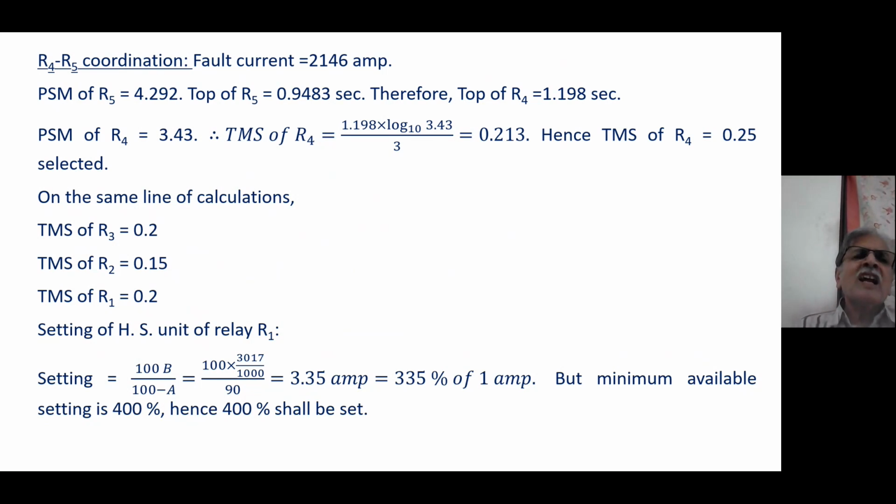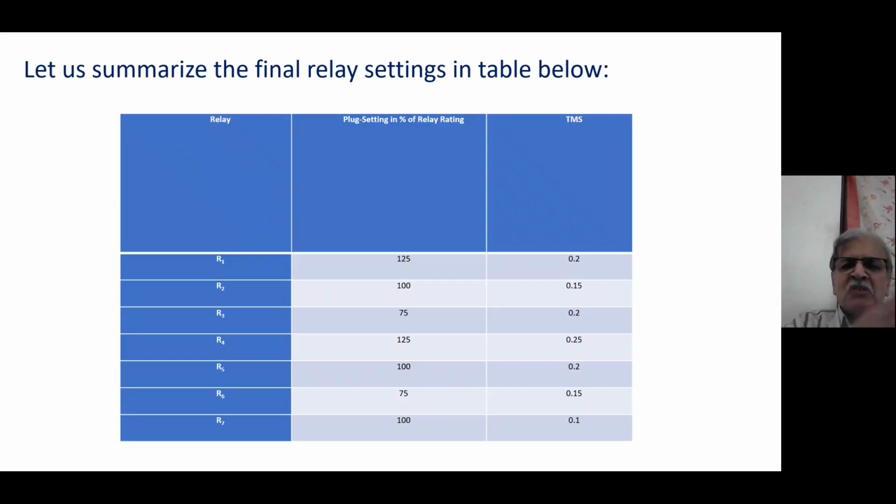So this is how I decide the setting of all relays, my dear friend. You can summarize your final setting. 25%, R1 plug setting, similarly 100, 75, 125, up to R7. TMS for R1, 0.2, 0.15, 0.2, 0.25, you can see. I have finally made a summary of all settings. This is what you have to give to the system person, that you do this setting and go to bed.